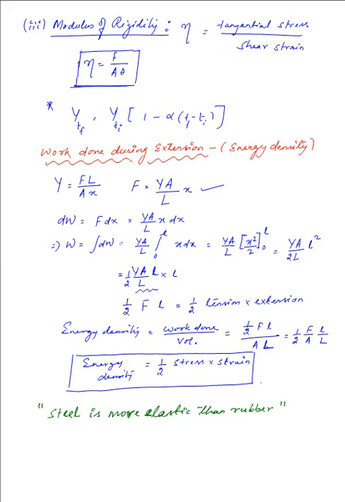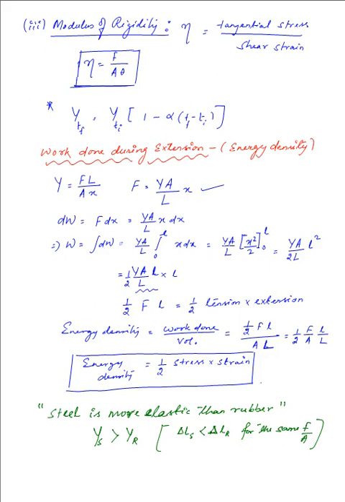That is, let's say the Young's modulus of steel is greater than the Young's modulus of rubber. Why is that? As I told you, the extension of the steel will be less than the extension of the rubber for the same stress, the same F by A, force per unit area. You take the same area of the steel as well as that of the rubber, you take them cylindrically to be having the same area of cross section and of same length.